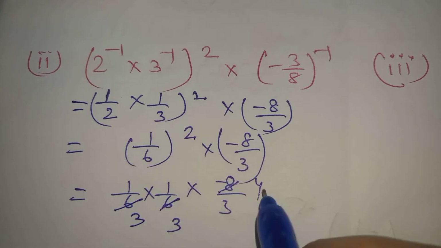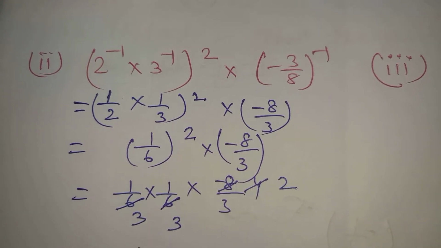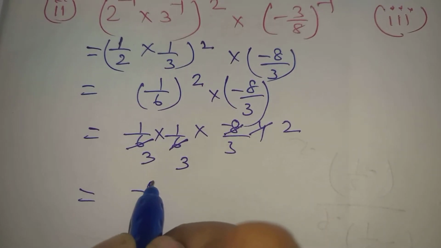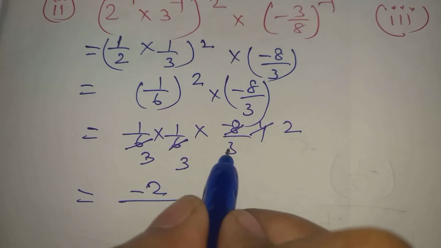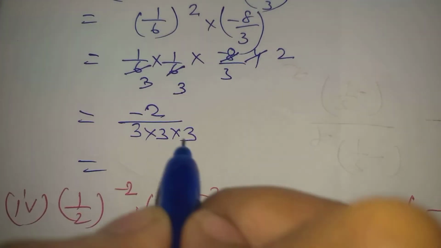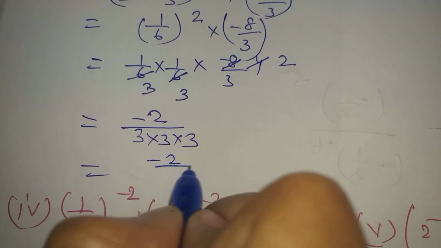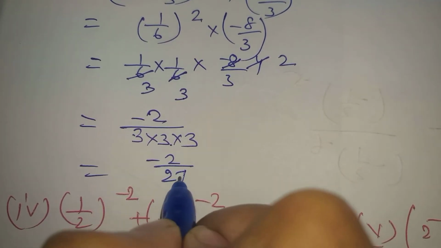Once again it will be 3 times and it will be 2 times. That means in the numerator we are getting minus 2, and in the denominator we are getting 3 into 3 into 3. That means our result will be minus 2 by 27.